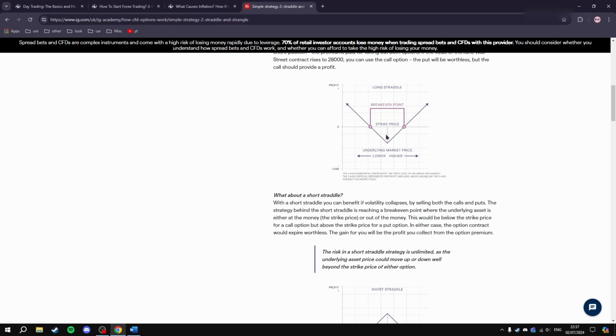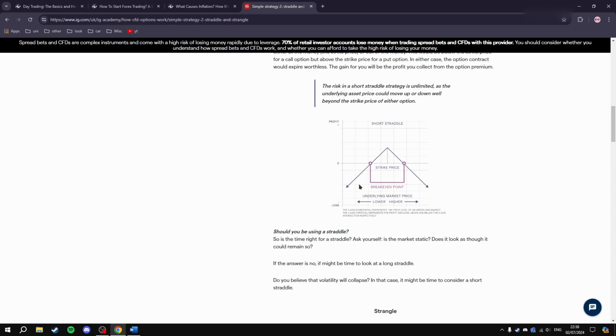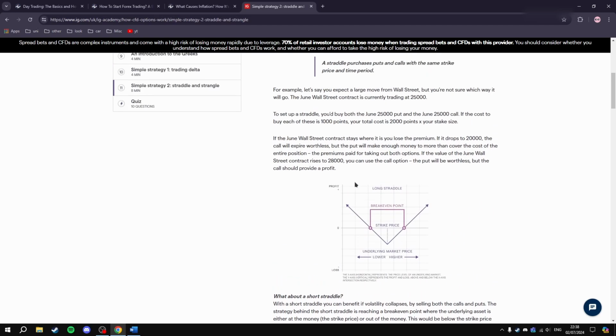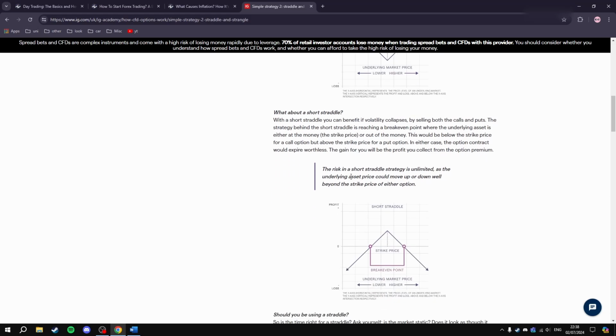Strike price. This is the premium break-even point here. Profit. If the price is below the break-even point, loss. Short straddle is the opposite, the mirror image of the long straddle.